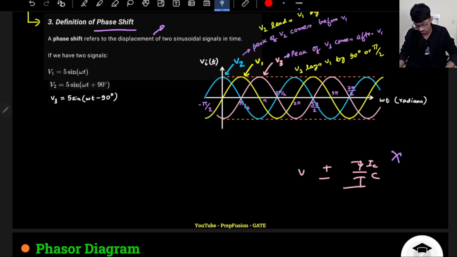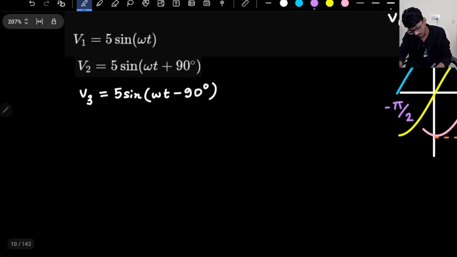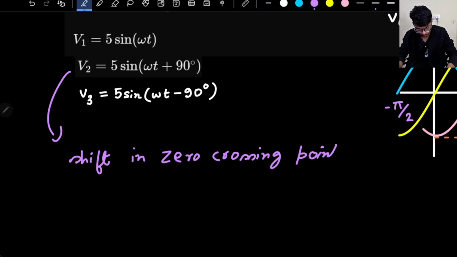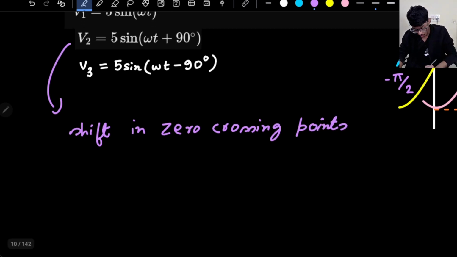Don't worry about it. So this phase difference mainly tells us about the shift in zero crossing points, or the peak values, or when the peak happens, whether lag or lead. Zero crossing points or the peak points where the peak occurs, these are the two things that can be discussed with lead or lag.